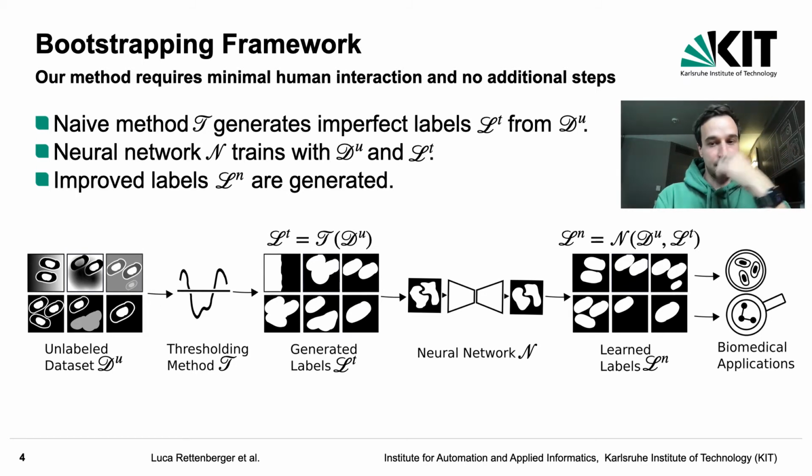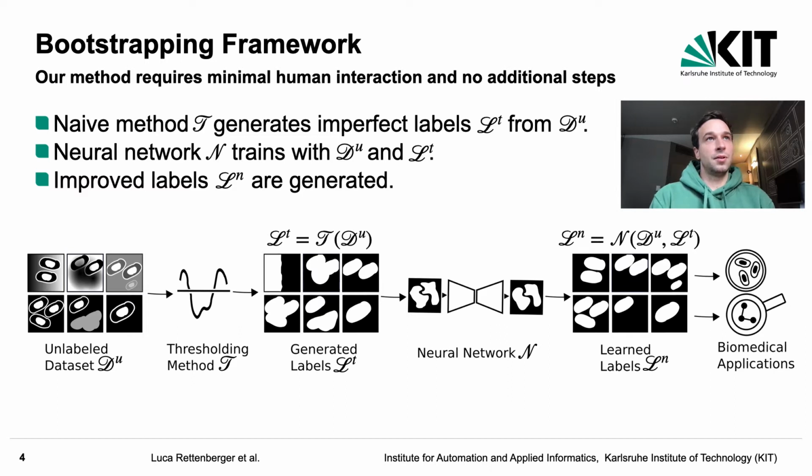In our case, it's some cells on the images, and then we plug this data set into a simple thresholding method. This thresholding method can be any process which does not require any labels or annotations, but in our case, those are just simple thresholding methods. And thresholding methods work very simply, they just take the intensity values if we have a grayscale image and look for a threshold to set.